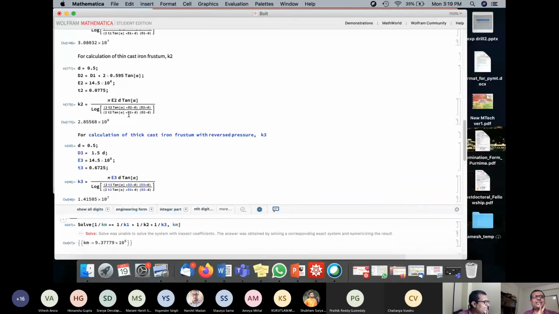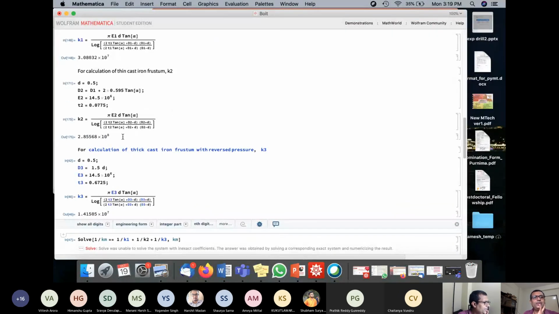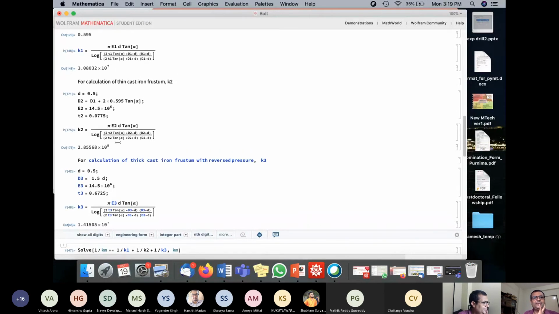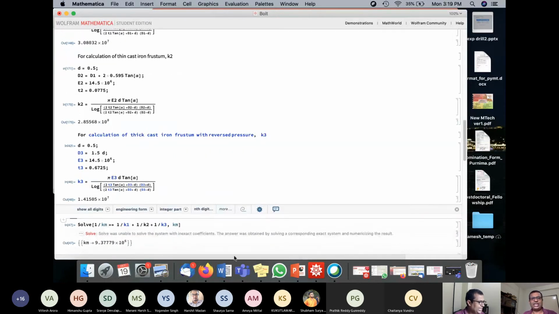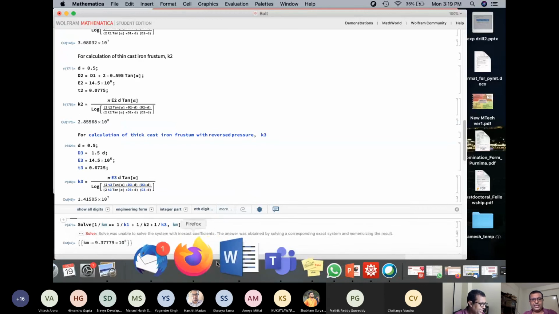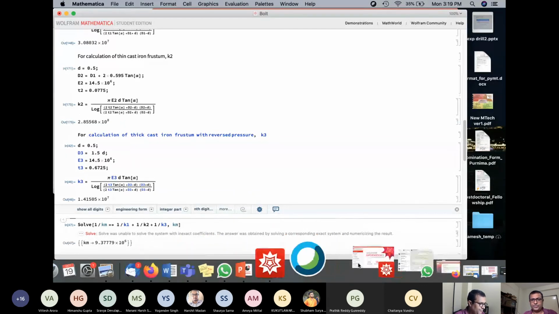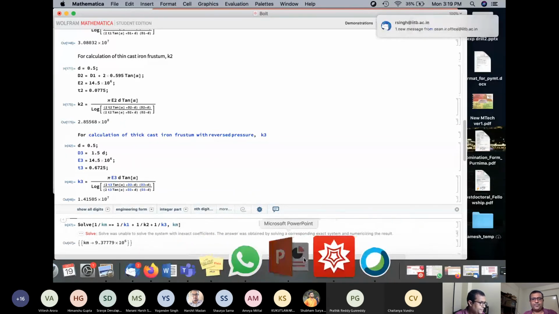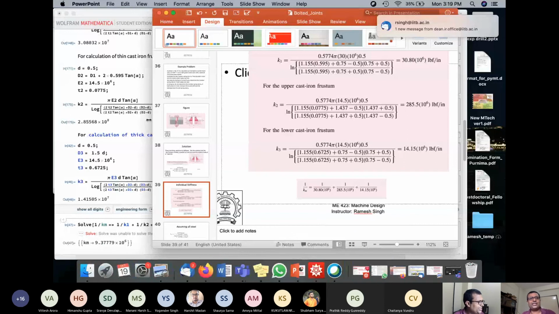So the cast iron stiffness is reasonably high for K2, right? So K1 turns out to be 30.80. This is what we got here. K2 turns out to be 285 times 10 to the power 6.